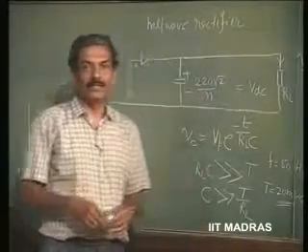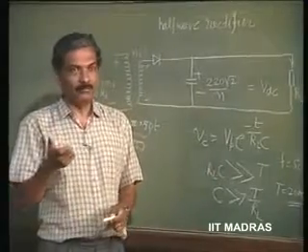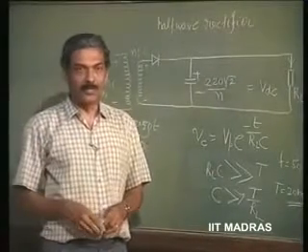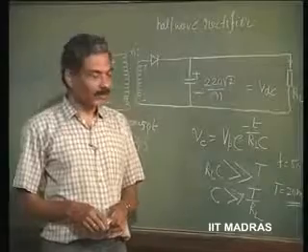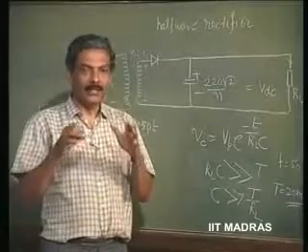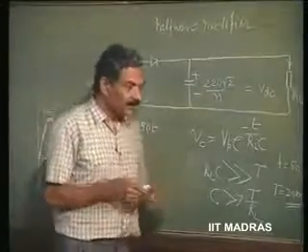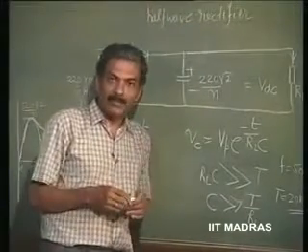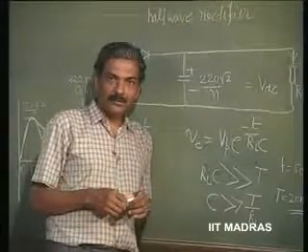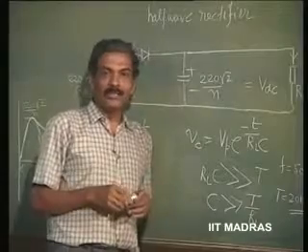Your radio receiver under full volume, giving maximum power to your loudspeaker, let us say needs some amount of current like 100 milliamperes, and the voltage needed is 12 volts.